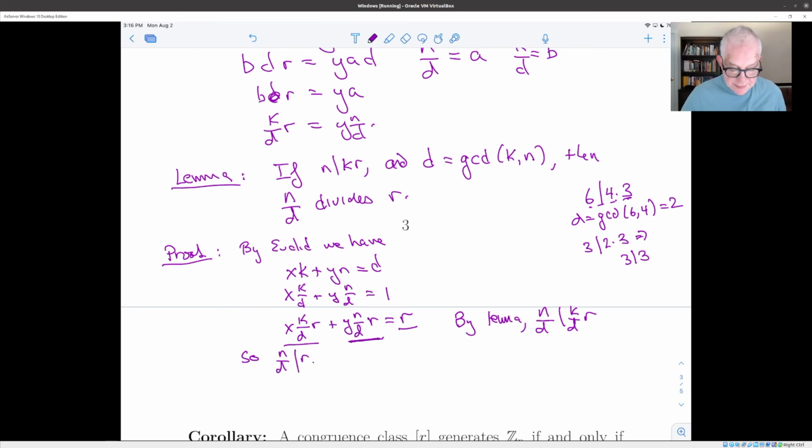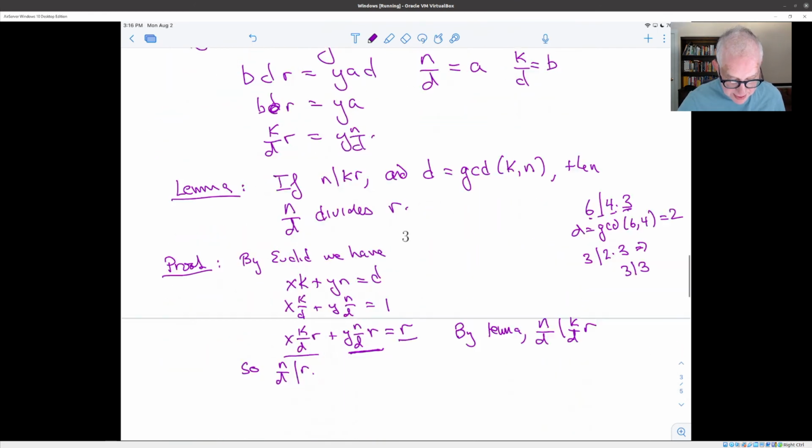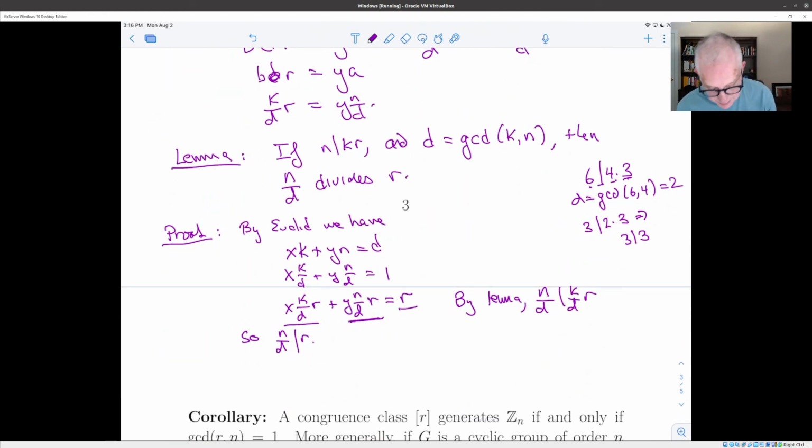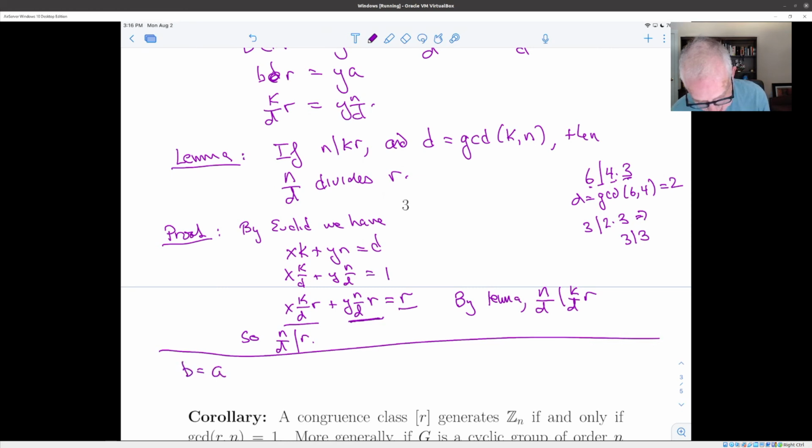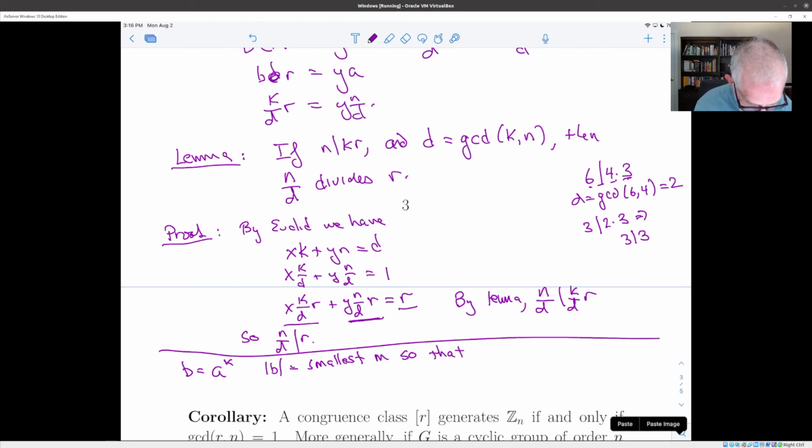And now we can finally work out the theorem that we're trying to prove, because what do we have? We have B is A to the K, and we want to know what is the order of B. Remember, the order of B is the smallest power M so that B to the M is the identity.